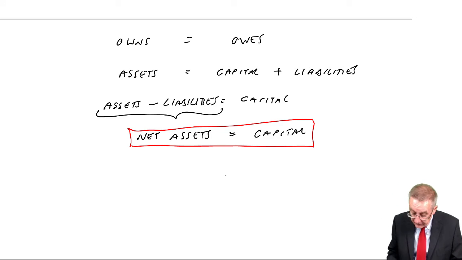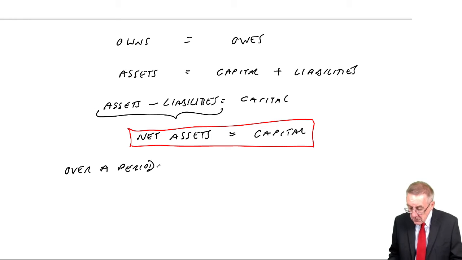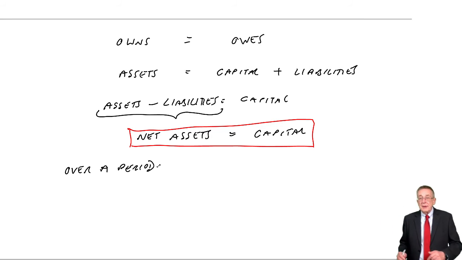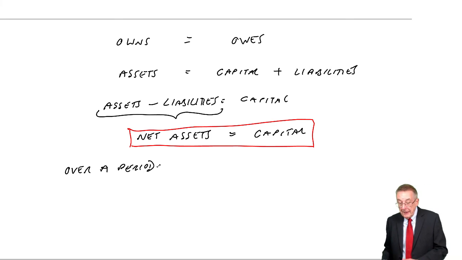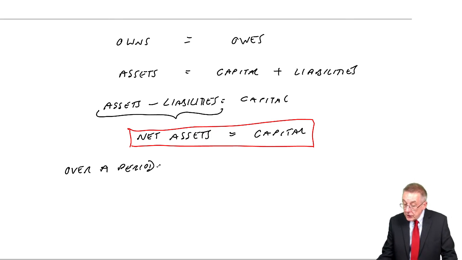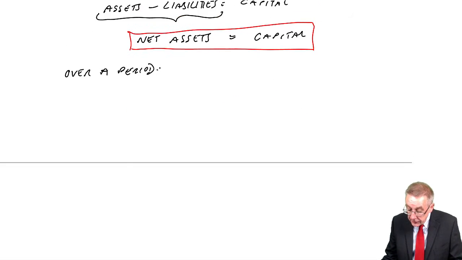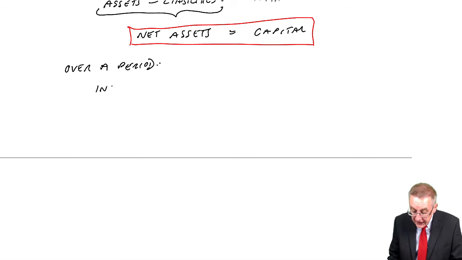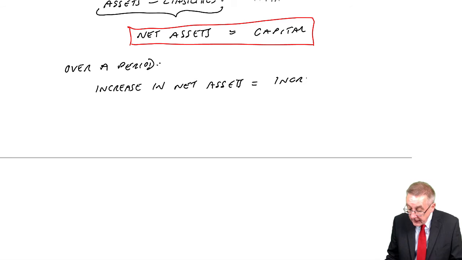Well, we can go one step further. Over a period, whether we're looking over a month or over a year, these two will change, but the increase in the net assets will equal the increase in the capital.